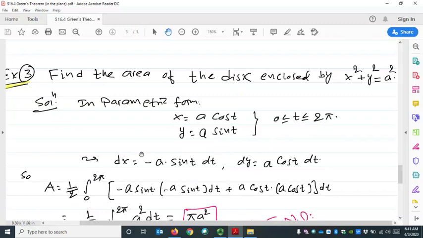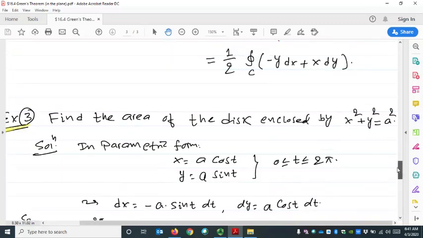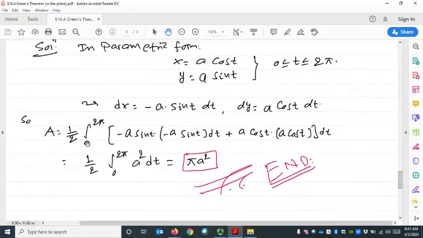Take the derivatives: dx equals minus a sine t dt, and dy equals a cosine t dt. Then use the formula here. Our formula is x dy minus y dx. So area equals 1/2 times the line integral from 0 to 2 pi.